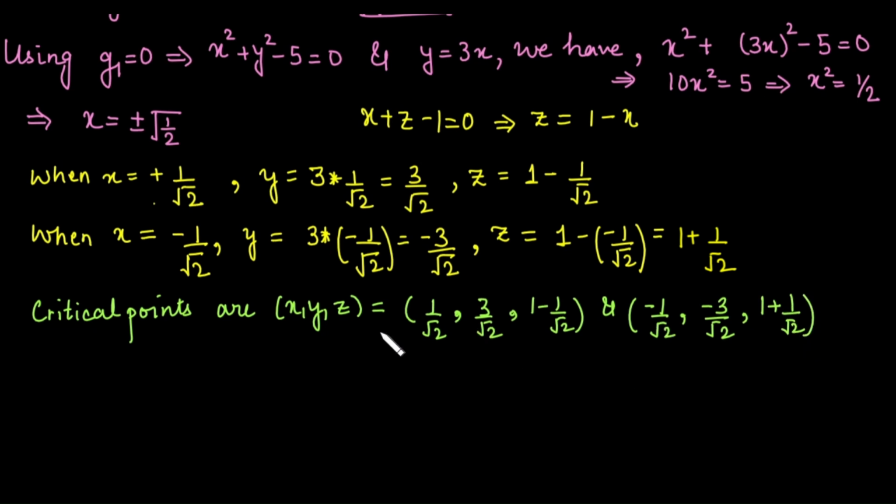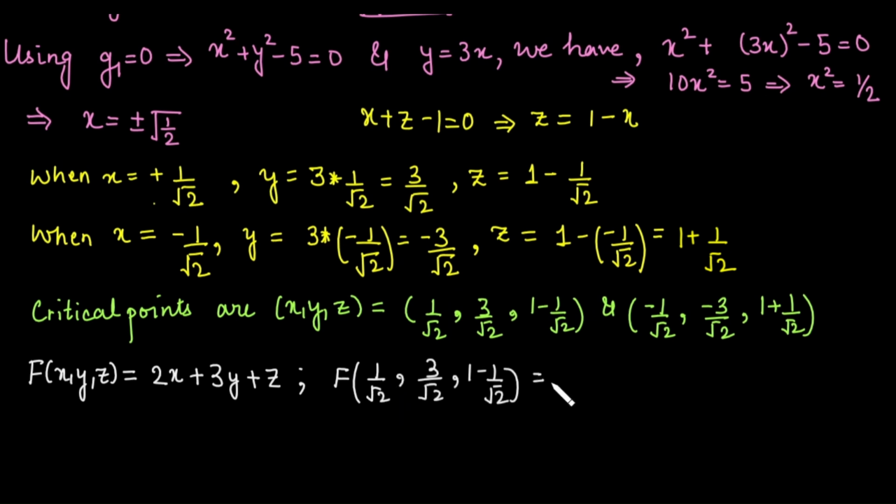In the next step, we need to find the function value on these critical points. In our case, the function is equal to twice of x plus 3 times of y plus z. Now, what is the function value at this critical point? That is equal to 2 times of x plus 3 times of y plus z.